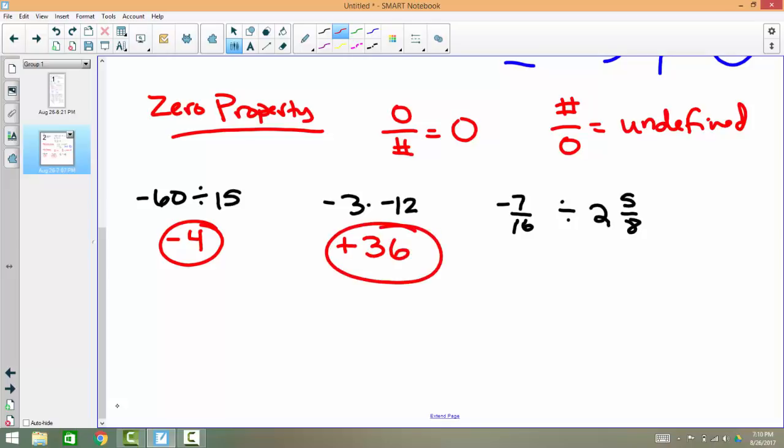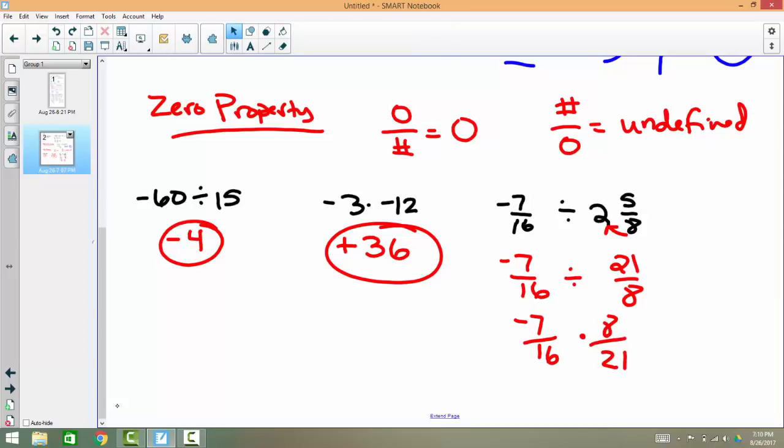And in the last one, you're probably going to want to do 8 times 2, which is 16, plus 5, which is 21. And then you're going to want to multiply by the reciprocal. And when you do that, anything on top of the fractions can cancel with anything on the bottom of the fractions.